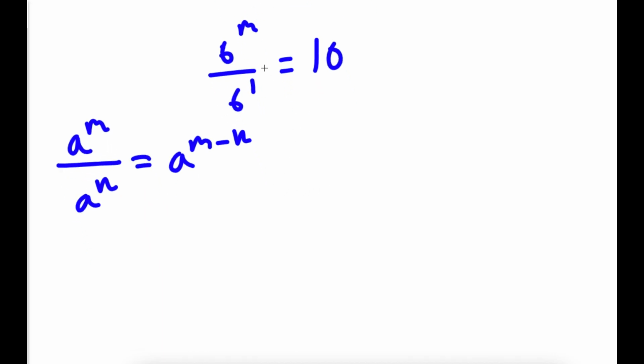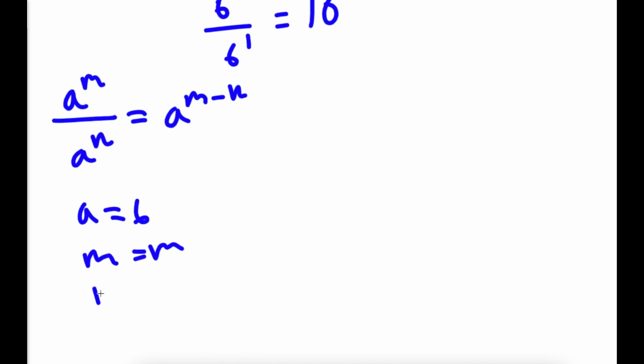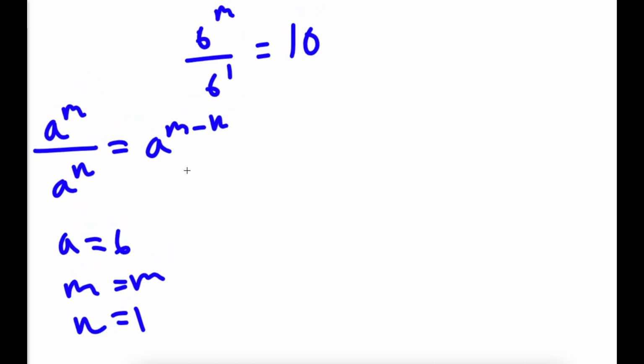So in this case, for 6 to the power of m over 6 to the power of 1, we can think of a as 6, m as simply just m, and n as 1. So now, if I put this in the form a to the power of m minus n, I have 6 to the power of m minus 1 is equal to 10.